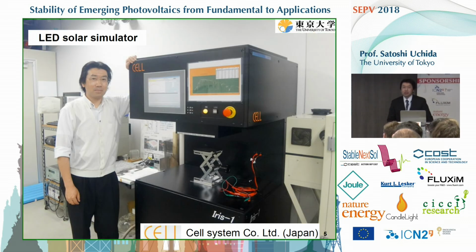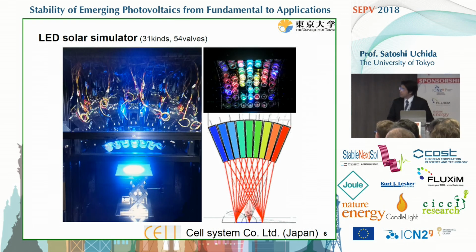To evaluate such ultimate conditions, before the solar cell, we have to construct the simulator first, because as you know very well, a xenon lamp is not sufficient for our purpose.